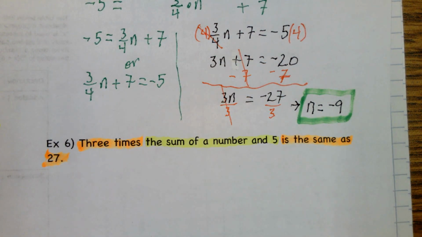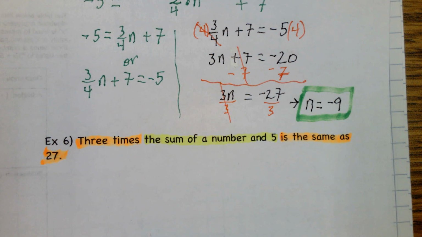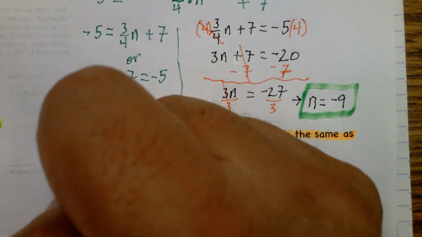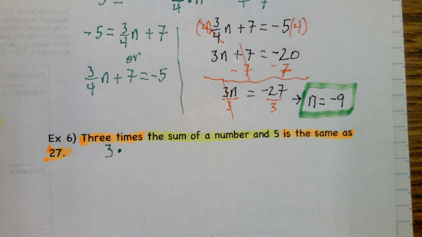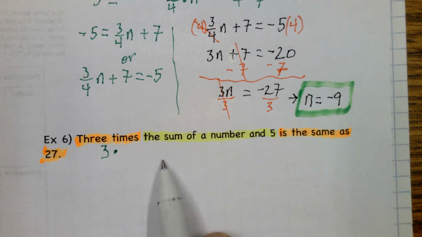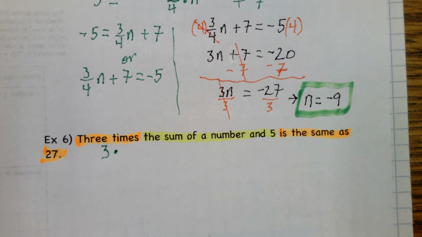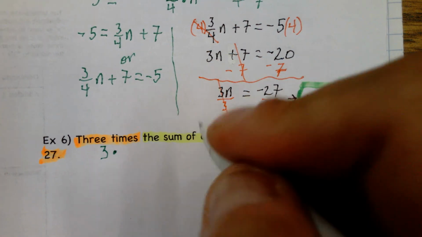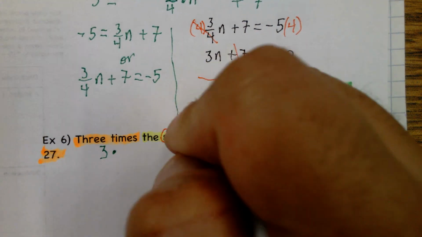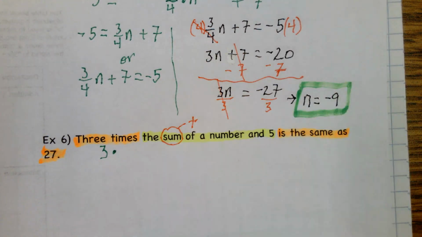Okay. All right. So let's take a look at this. This is different because this is saying 3 times. We're going to multiply 3, and that 3 is going to be multiplied to the sum of a number and 5. What does the word sum tell us to do? Add. Okay. The word sum is directing us to add.